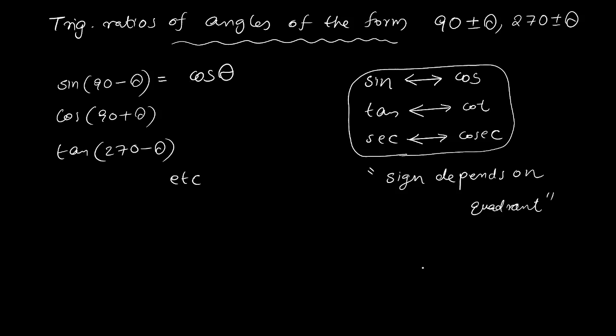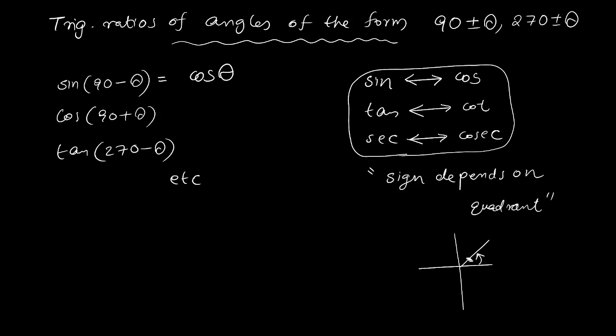90 minus theta, you know that it is a smaller angle, less than 90. This is true for all angles, but in order to write the RHS, we assume that theta is a small angle. So 90 minus theta is less than 90, first quadrant.